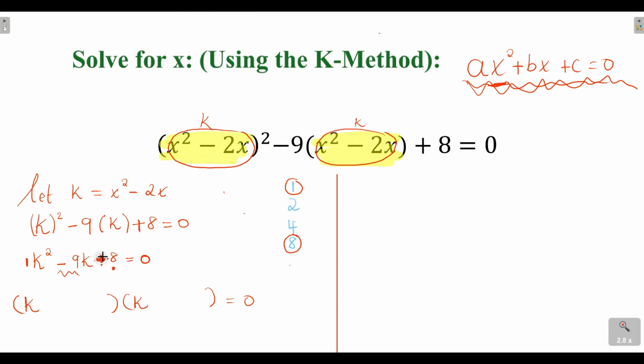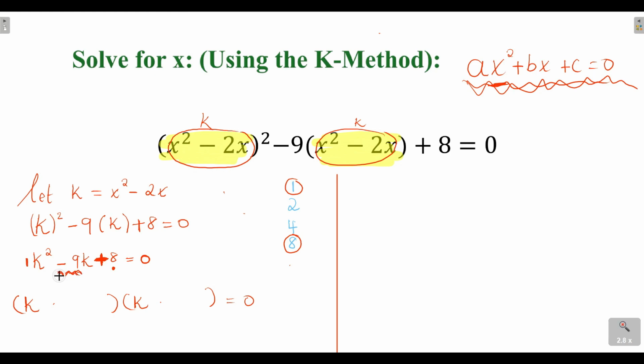You have to look at the last sign. If the last sign is a positive, that tells you that in these two brackets the signs need to be the same: either a plus and a plus, or a negative and a negative. What helps us determine which it should be is the middle value.